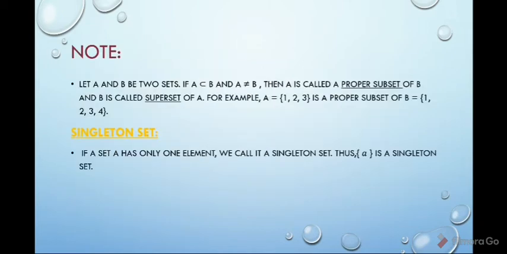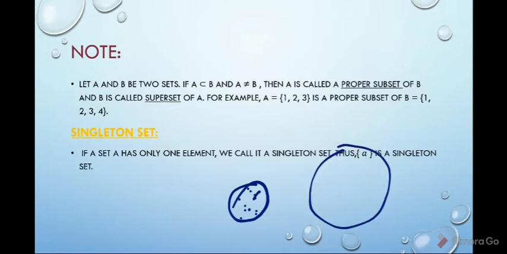Now note here, let A and B be two sets. If A is a subset of B, it means all the elements of A belong to set B. Suppose this is set A, these are the elements of A. A is a subset of B means all the elements of A are also elements of B. Okay, that means B is the bigger collection.